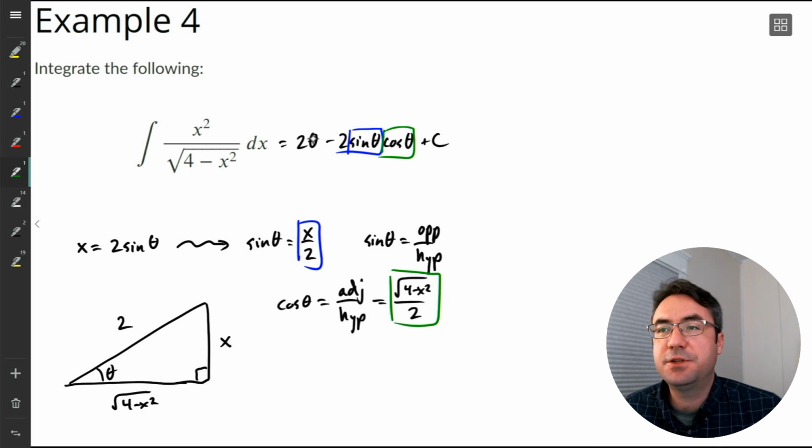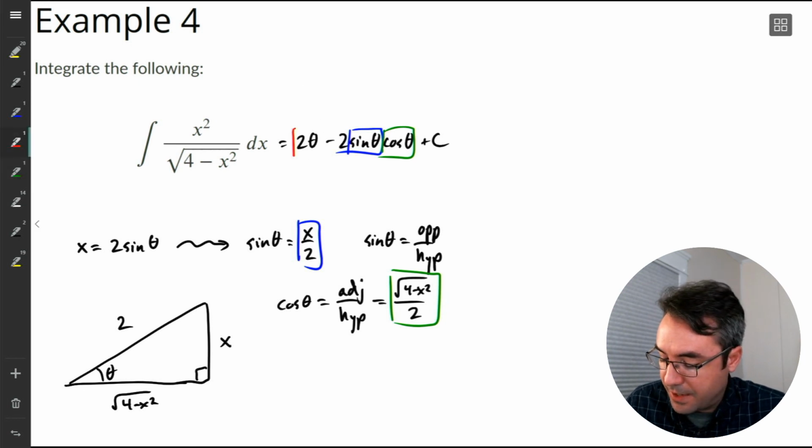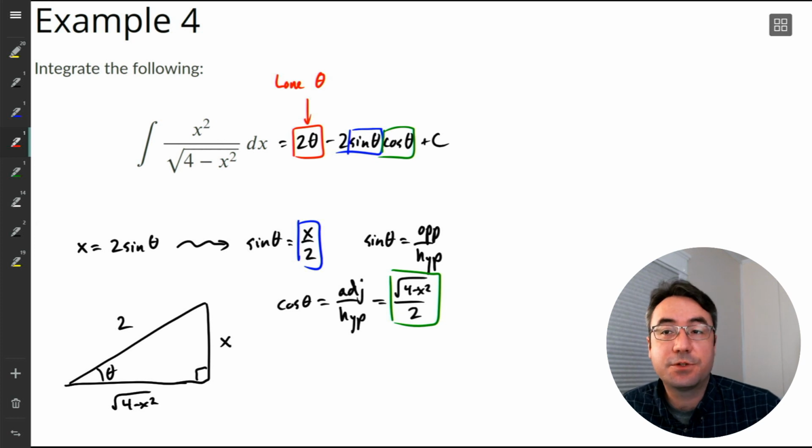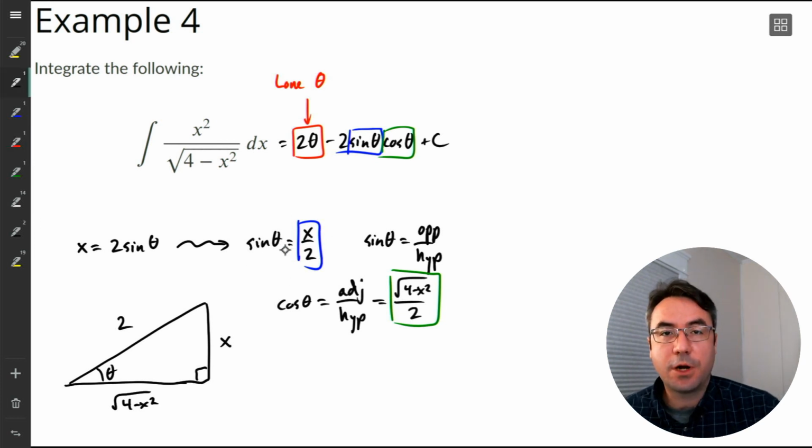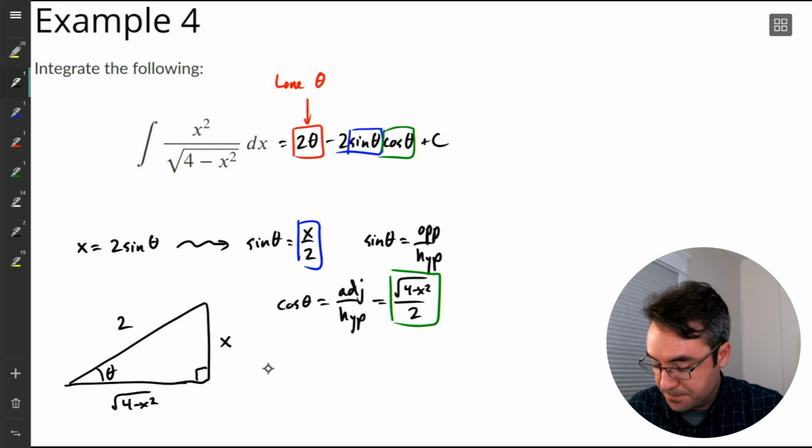And then all that's left to do is figure out what theta is. Whenever we have a lone theta like this, this is where we use our inverse trig function. So we start with our original trig substitution. In this case, we've gone a little bit further.